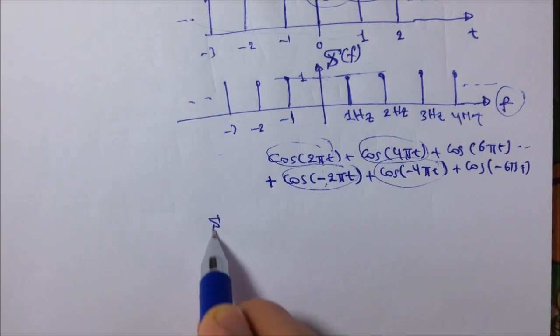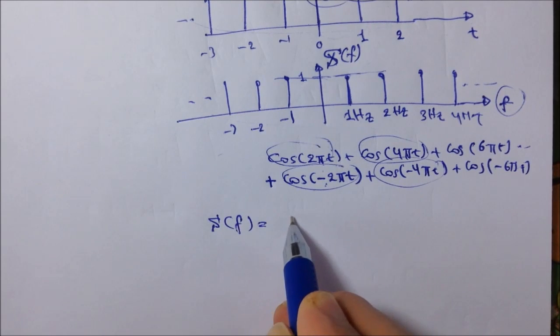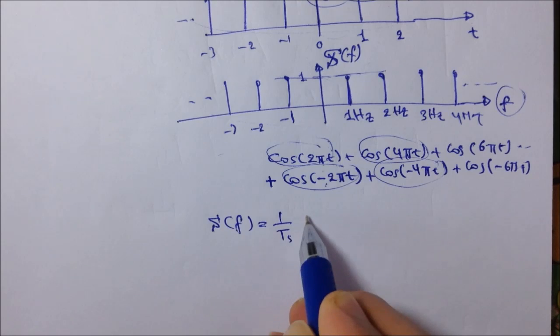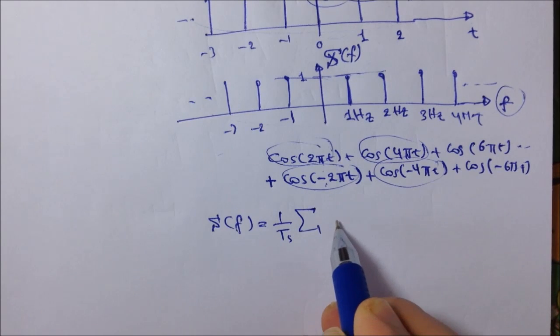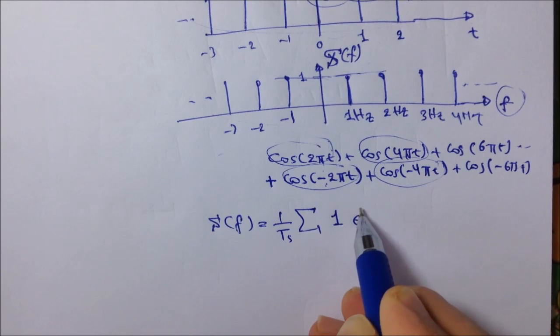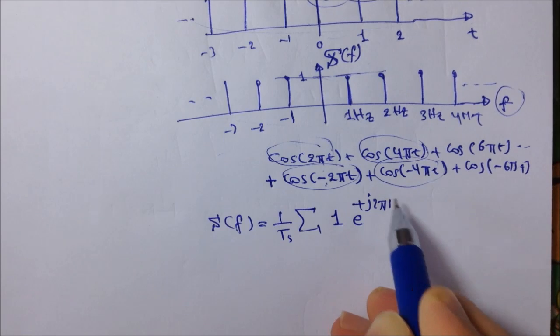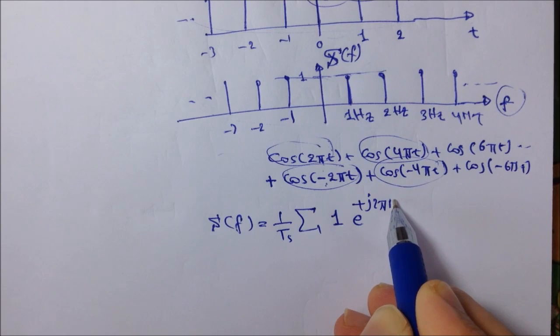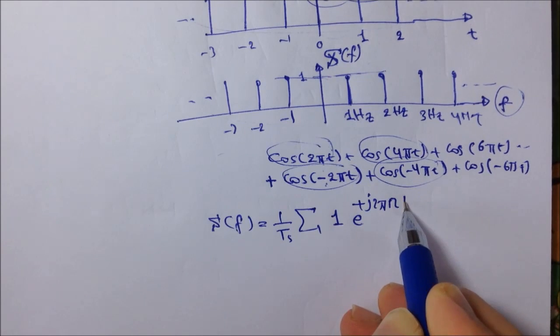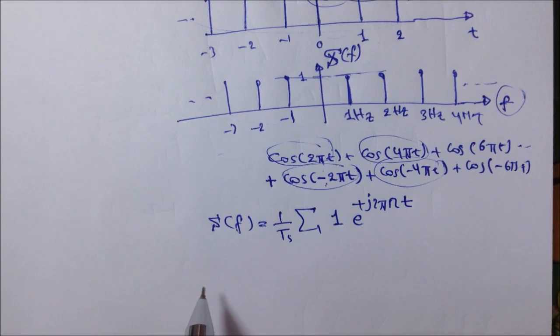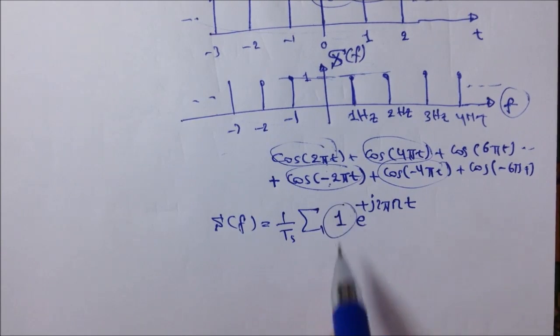S of f equal to maybe 1 over Ts summation 1 e to the power plus j2 pi n t. Yes, n t. So Cn is equal to 1. This is Cn. And I'll give you the answer for the homework.